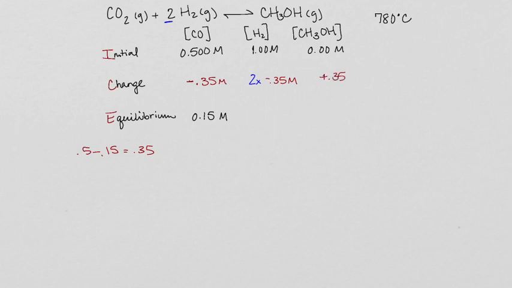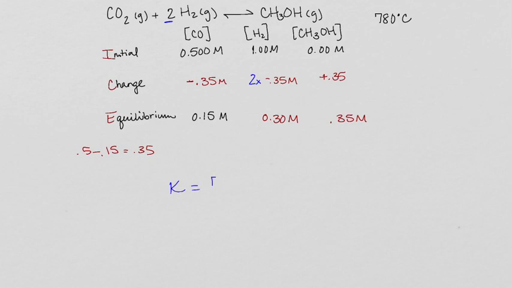So now we can calculate our equilibrium concentrations. So 1 molar minus 0.7 molar gives us 0.3 molar. And then 0 plus 0.35 is 0.35 molar. Now all that's left to do is solve with the equilibrium expression.